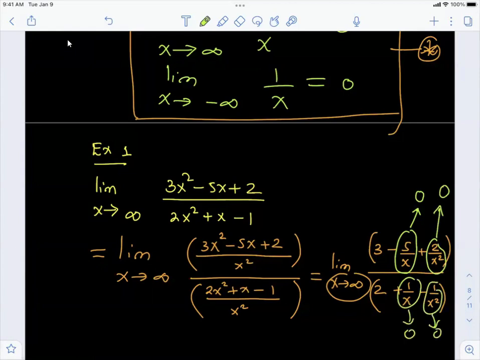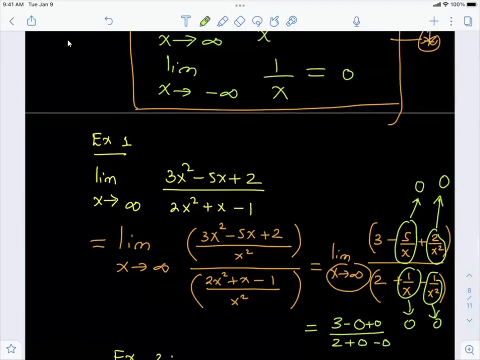So at the top, what you have is 3 minus 0 plus 0, because 3 is right there. And in the denominator, you have 2 plus 0 minus 0. But zeros are nothing, right? There is no contribution from that.